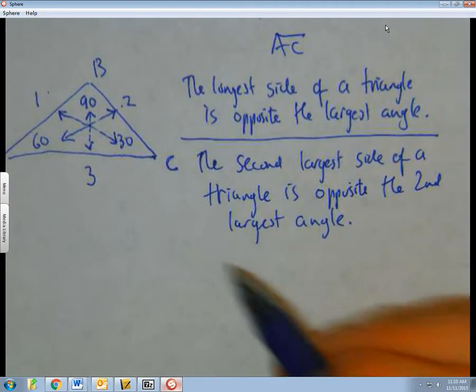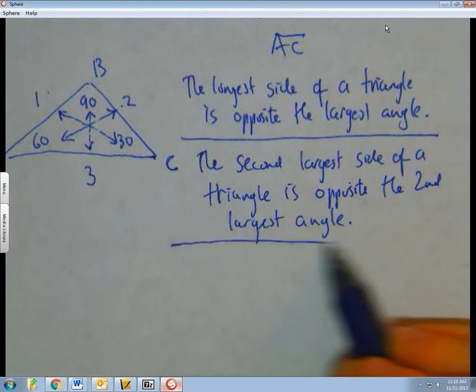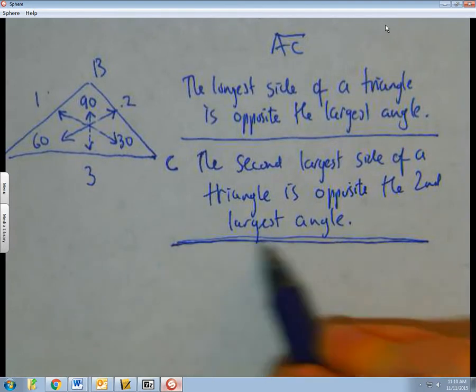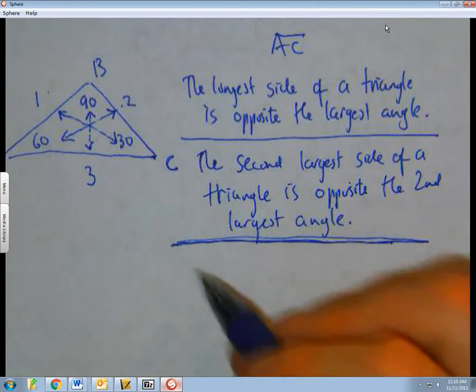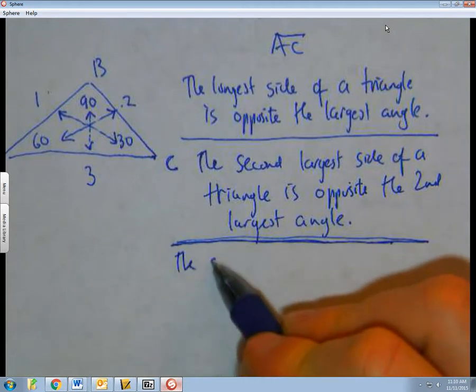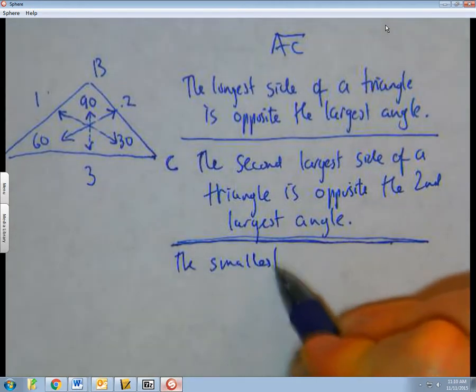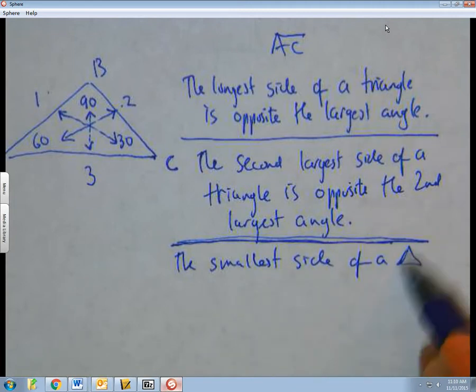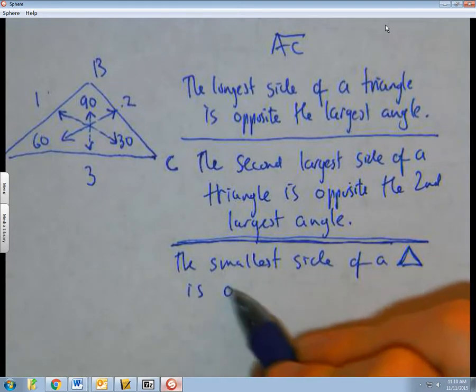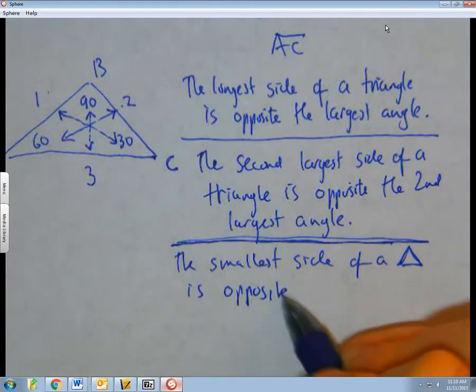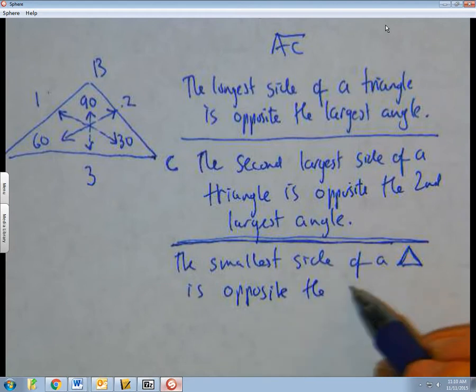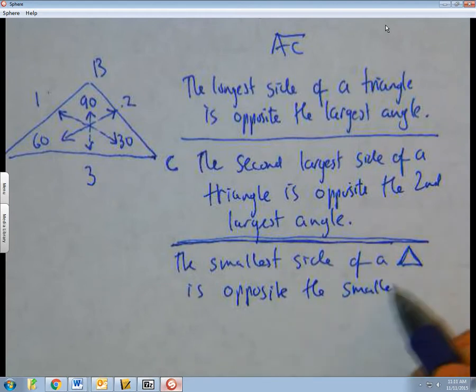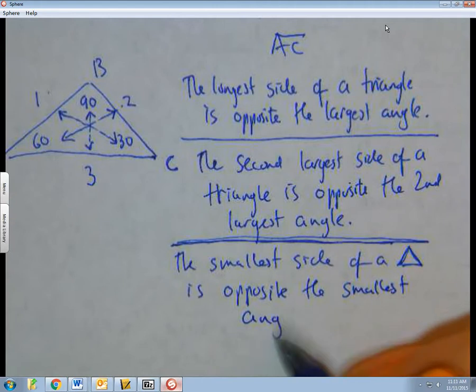And the last piece is the smallest side of a, I'm going to abbreviate, triangle, is opposite the smallest angle.